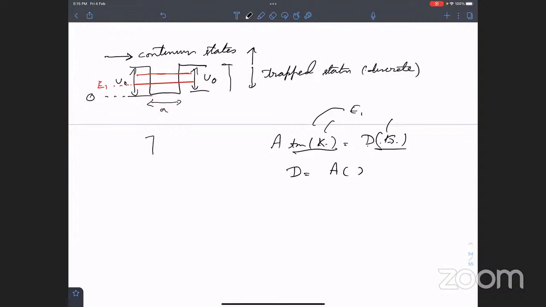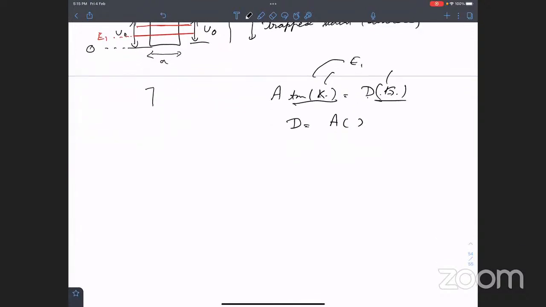and you can express D as A times some constant. Once we do that, our final wave function, phi of x, can now be expressed as A into e to the power minus kappa x, into some constant here, right? And then A into e to the power plus jkx, plus A into sine or cos for the even state.